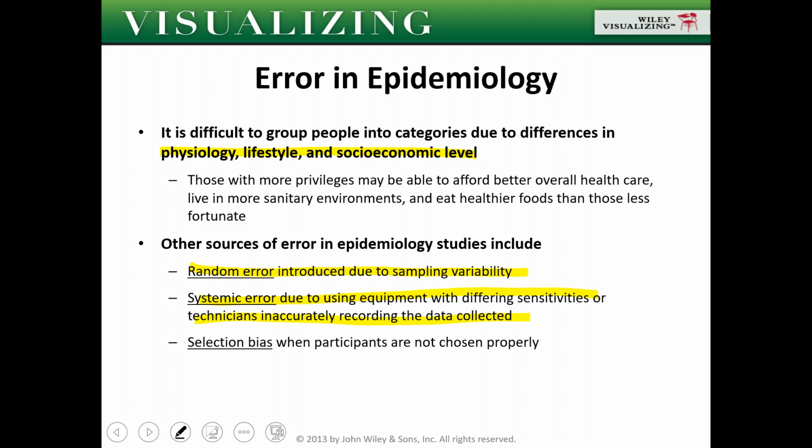Or human error, technicians not correctly recording the data. And then there's selection bias. Obviously, we see it with the coronavirus when people who get tested usually already have symptoms. So we do not expand testing to people who are asymptomatic. So that's a great example of selection bias.